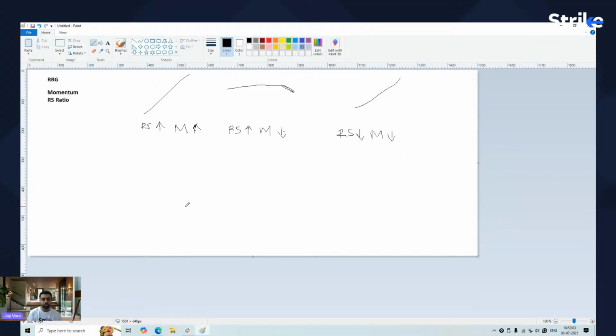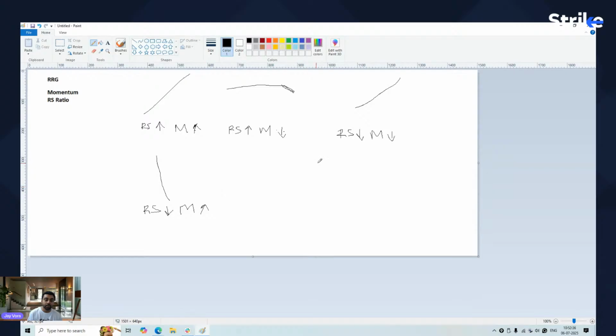And then there is the fourth one, which is something like this, where it shows that the RS is actually going bad, because over here, say it would have been 99, then it is angling towards the northwest. So that's where the RS is going down, but the momentum is rising higher, right? So these are the four kinds of moves that you will see happening in RRG.